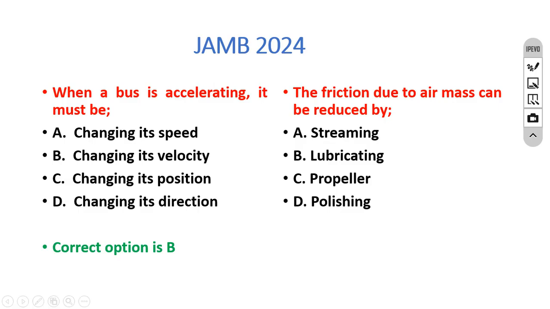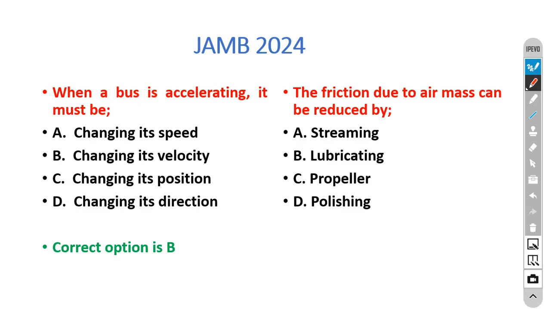Streaming is a way of constructing the object to have a particular shape that will help it to reduce friction. They call it streamlining. If you look at vehicles, they look like a fish.